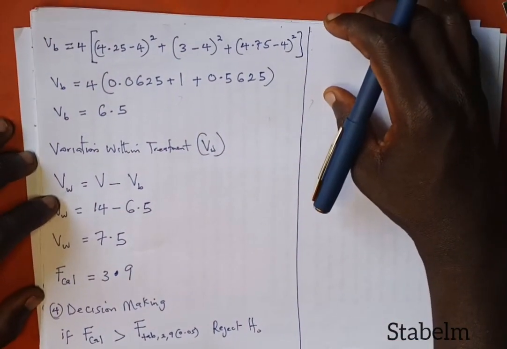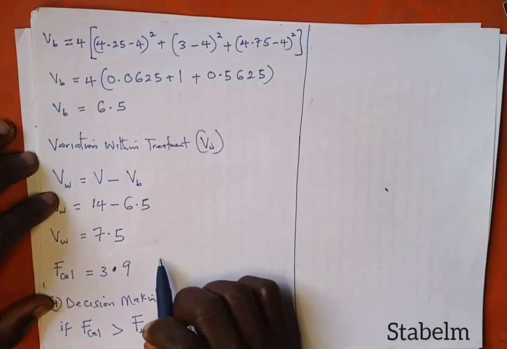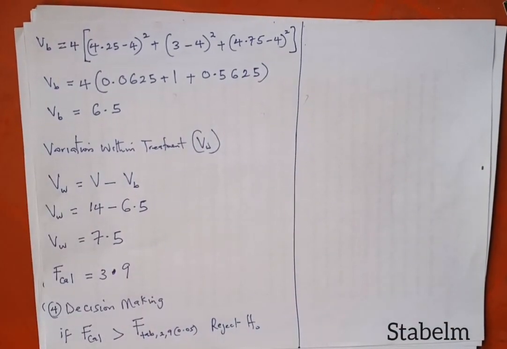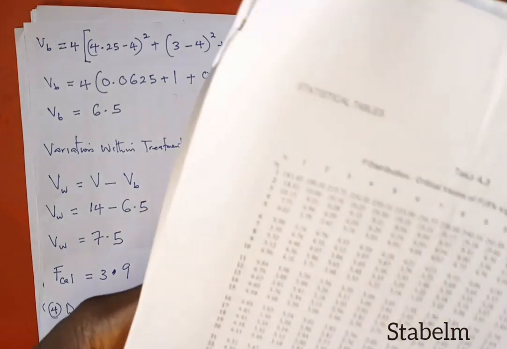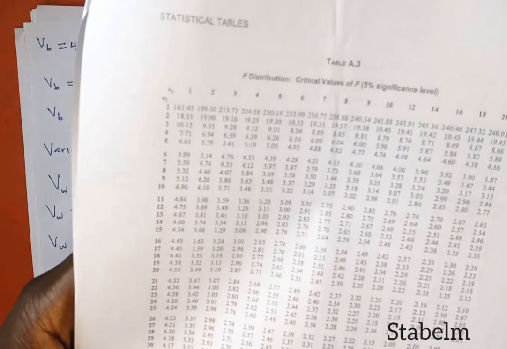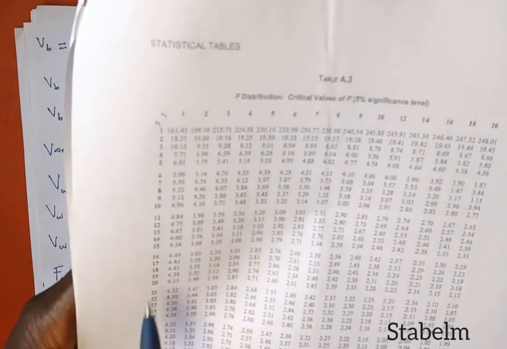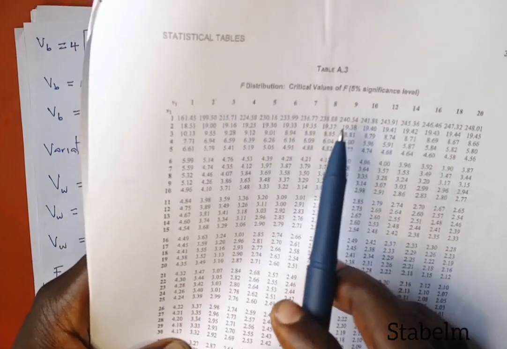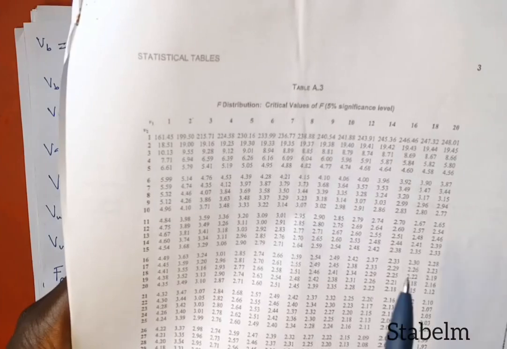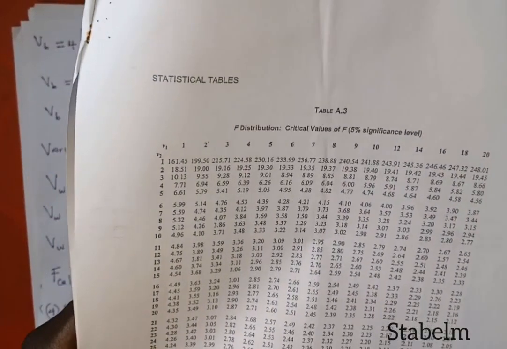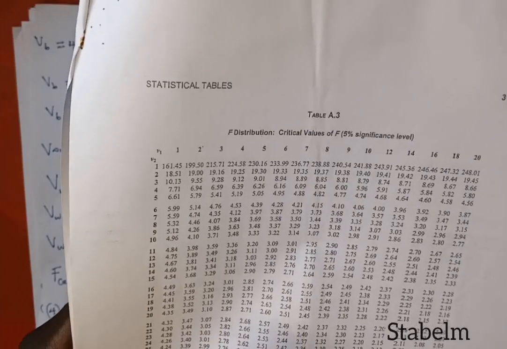Now our F calculated is 3.9, so we need to get F tabulated at 2, 9 at the 0.05 level of significance. This is the F table right here. You can see we have numbers at the top horizontal, and numbers vertical. The horizontal number denotes degree of freedom for between treatment, and here we have degree of freedom within treatment.